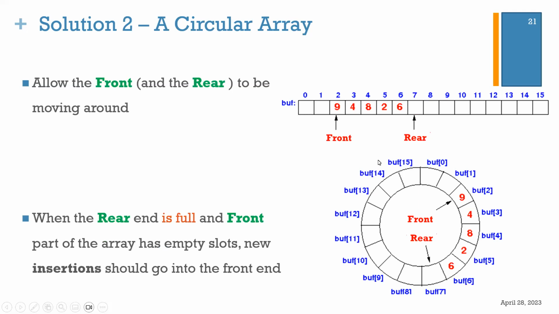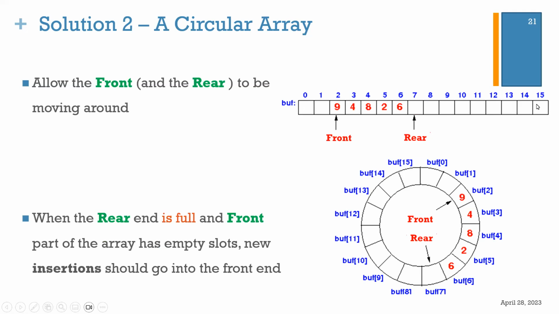The second solution is to use a circular array. A circular array means we convert the linear array to a circular one by using the modulus function with the size of the array. If we use modulus with the size, it goes back to start from index 0.